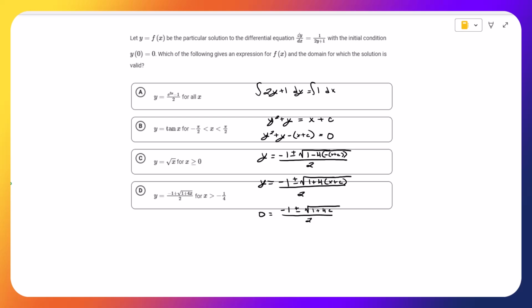That just becomes 0 equals negative 1 plus or minus the square root of 1 plus 4c. That just becomes 1 equals plus or minus the square root of 1 plus 4c. Square both sides, we get 1 equals 1 plus 4c.